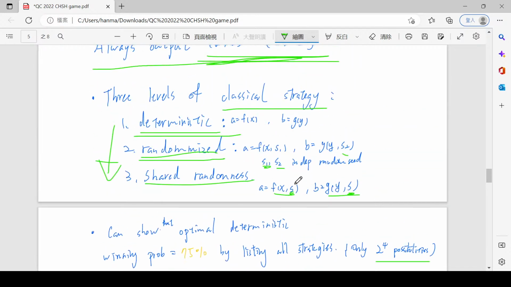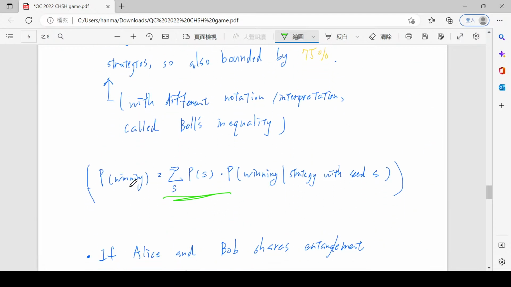So you think about a random strategy where you can fix these random seeds, right? When you fix the random seed, then Alice and Bob are basically running a deterministic strategy. And the winning probability is going to be just a probability mixture: what you do conditioned on your random seed, times the probability of your random seed.